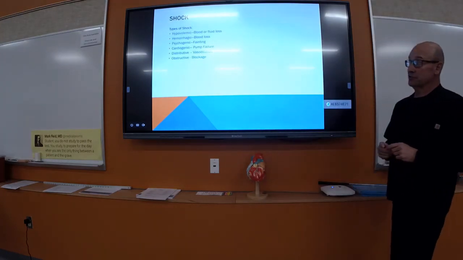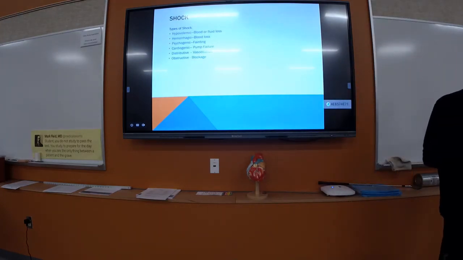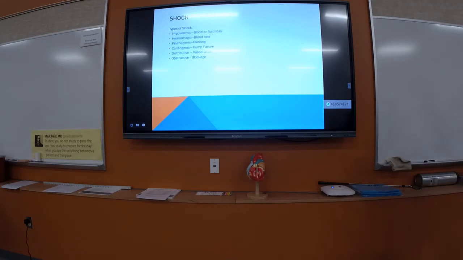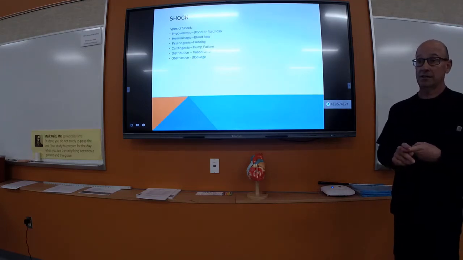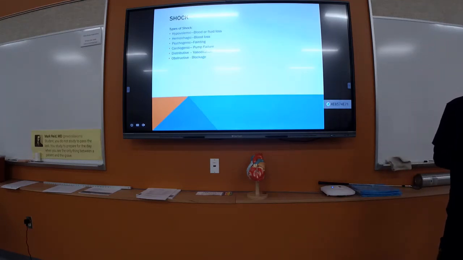The types of distributive shock that we look at are anaphylactic shock, like from an allergic reaction. You have neurogenic shock or spinal shock from a spinal cord injury. You have septic shock from a large bacterial infection, or sepsis.